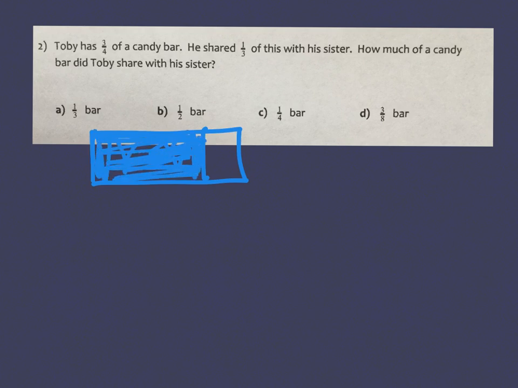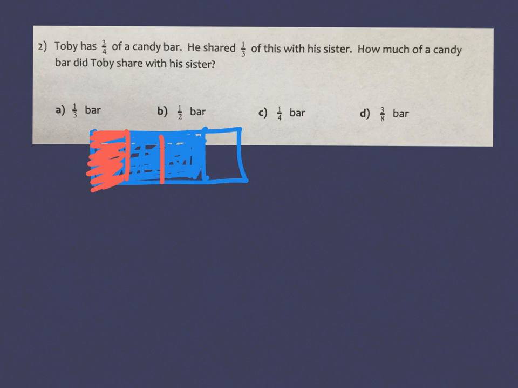Some of it had already been eaten. He agrees to share 1/3 of this with his sister. So it looks like maybe this piece here he's going to give to her. This is much less than the entire candy bar, and certainly less than the 3/4 that he had.